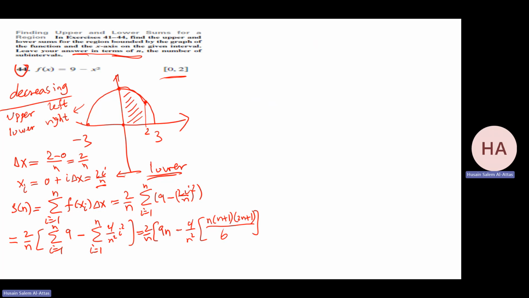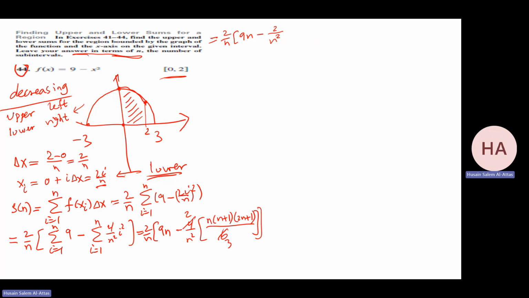I think I need to do the calculation. That will be 2 over n times 9n minus, this is 2, this is 3, 2 over n square times what?